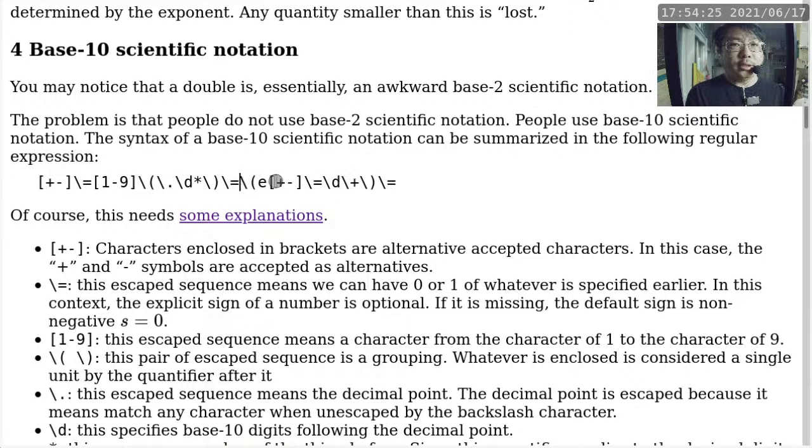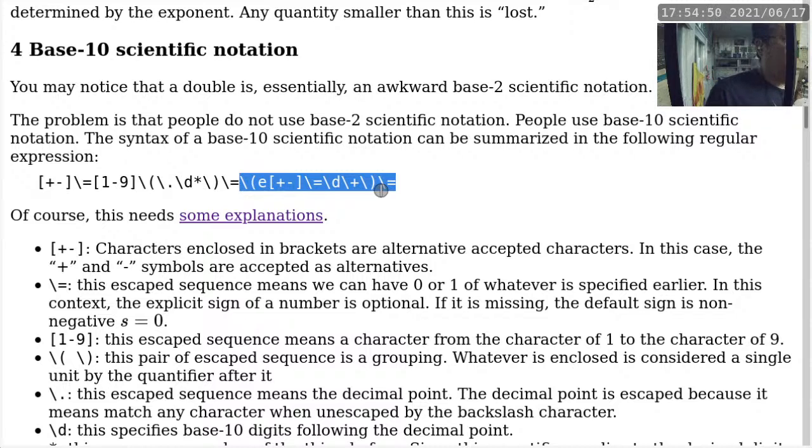When you look at this entire group, it is followed by the backslash equal to, the optional quantifier. So the entire part that specifies the exponent of 10 is also optional. If you just say 4, that's perfectly okay as a scientific notation. When you say 4E5, that is also a scientific notation, and so on.